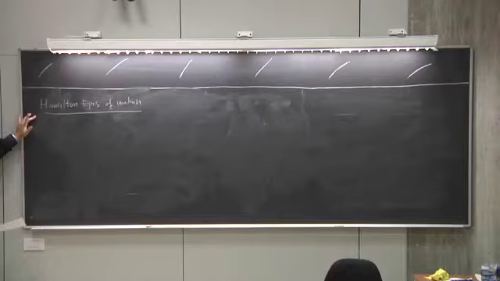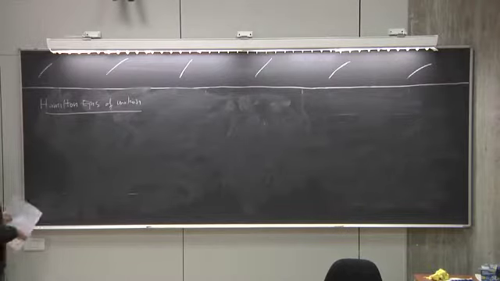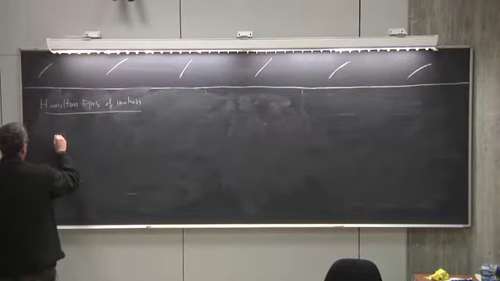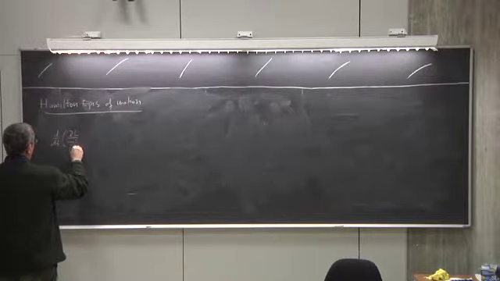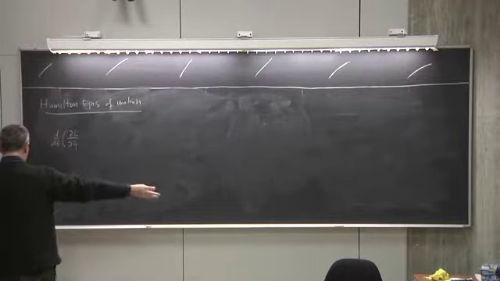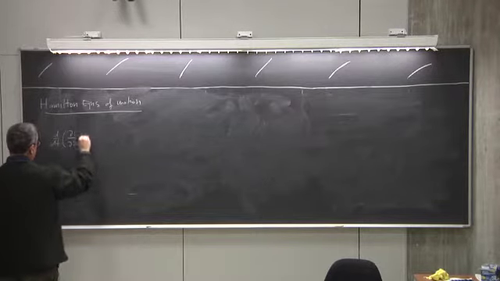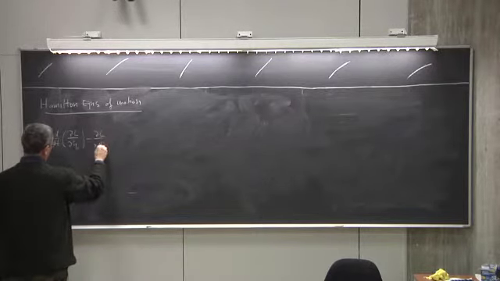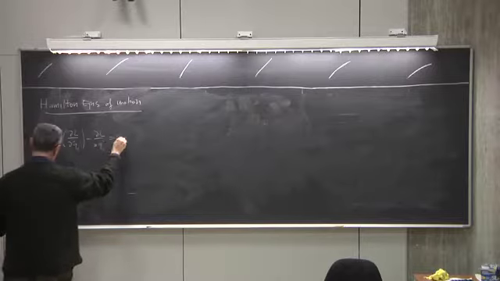So let me remind you that the Lagrangian equations, so we start from the Lagrange equation, where you had a number of generalized coordinates, and you wrote those equations like that.